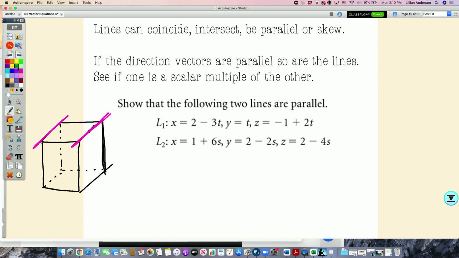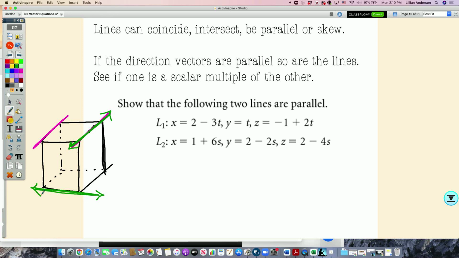They are not the same line. They do not intersect each other, and they are not parallel. So skew lines would be something like this line right here, and then this line right here, okay? They lie on different planes, and they'll never cross or intersect, nor will they be parallel, okay?